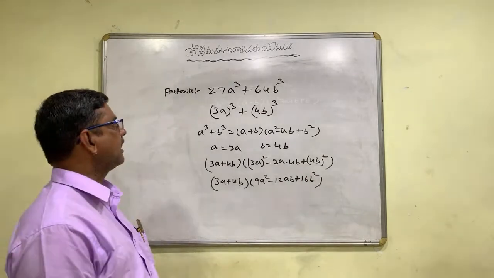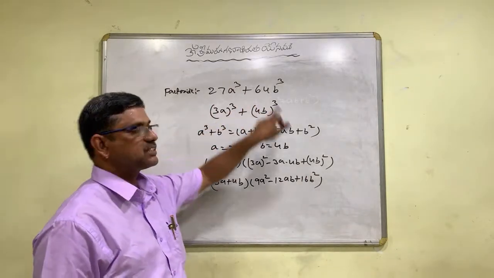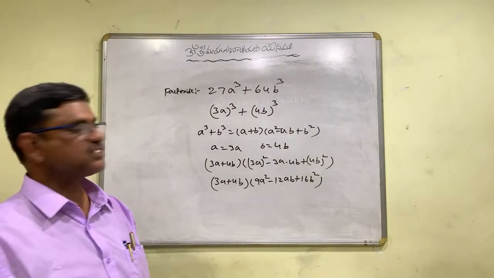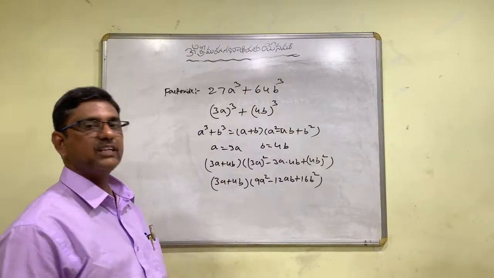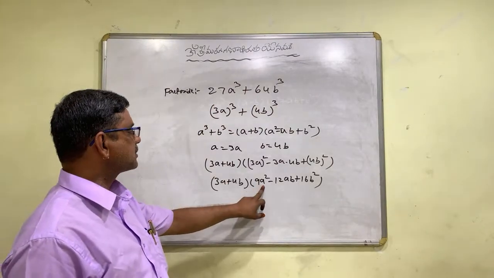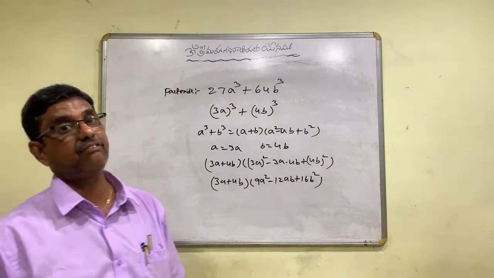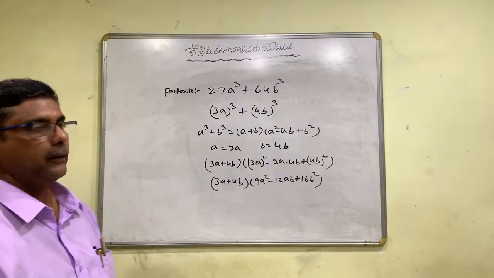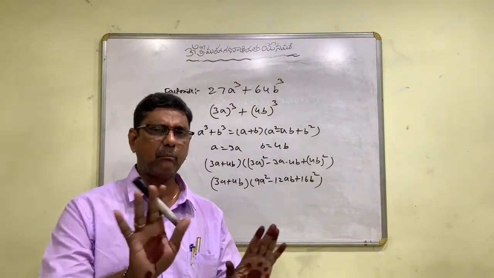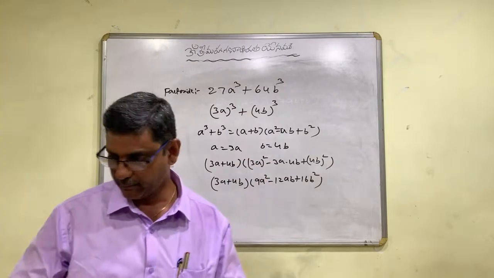So the factors of 27a cube plus 64b cube are 3a plus 4b as one factor and 9a square minus 12ab plus 16b square as the other factor. Understand, children? This is the basic problem in this model.